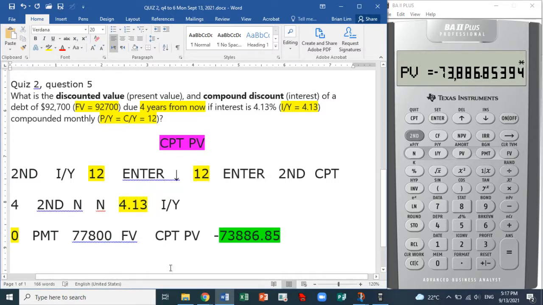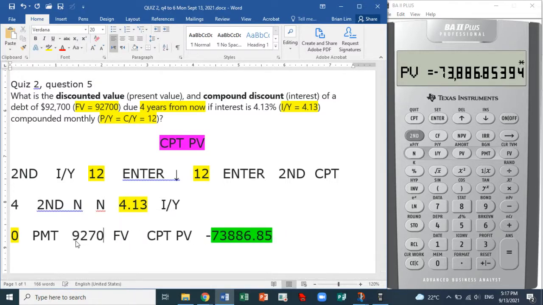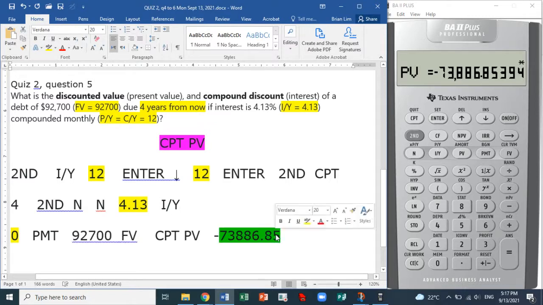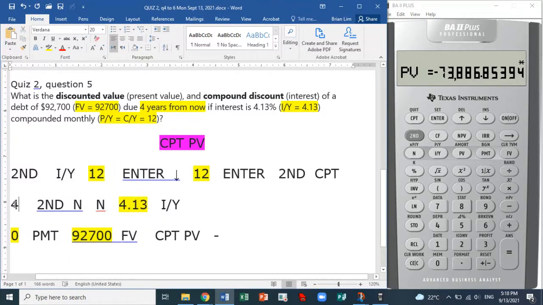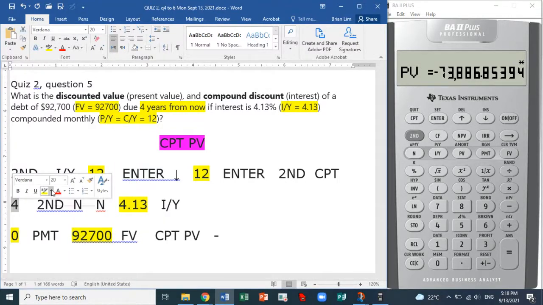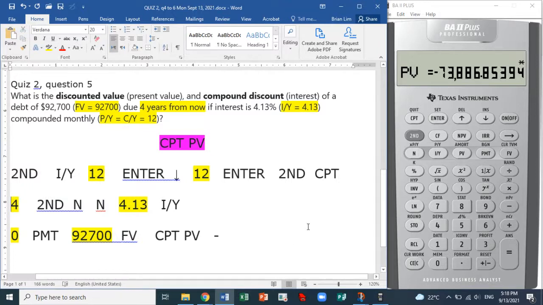All right, so this is the interest rate. Payment is 0, and we are given the future value 92,700, and we will compute this value over here. So let's get rid of that, and then this is another important number that we have to have inputted into the calculator, and here we have that.